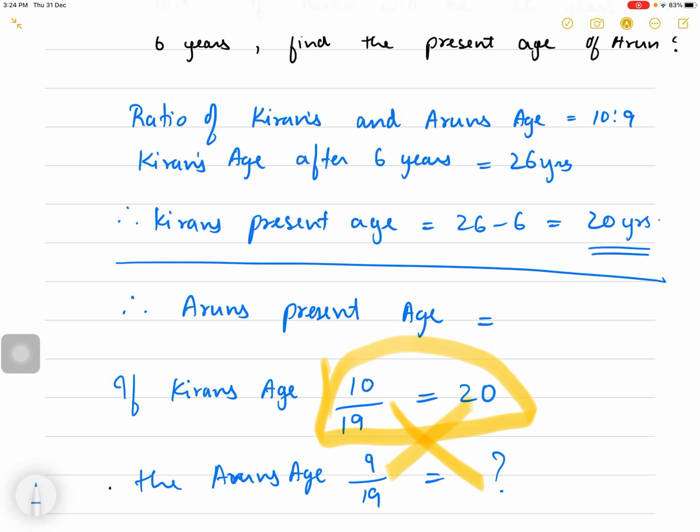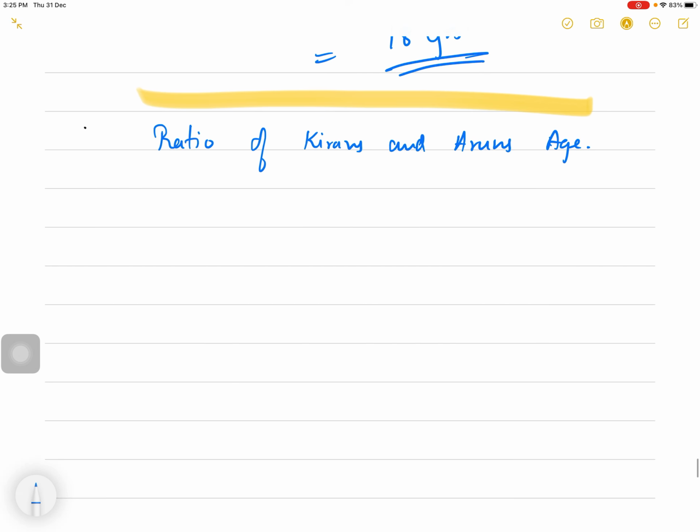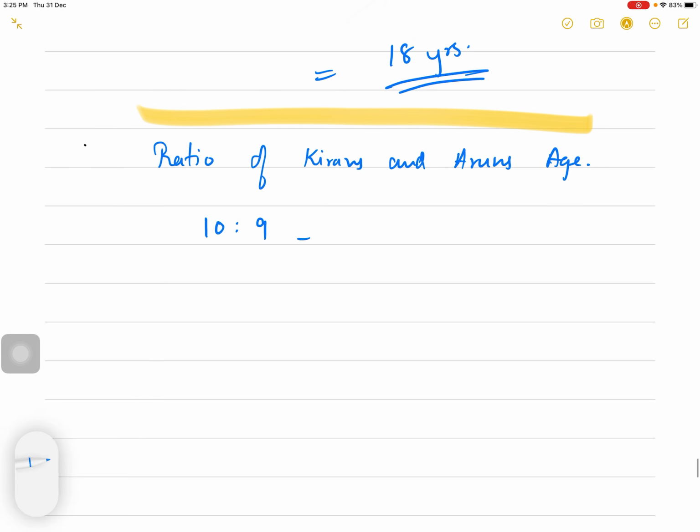The present ratio is 10 is to 9. So current ratio is 10 is to 9 and Kiran's age is 20. So 20 is to x. Let Arun's age be x. So 10 is to 9 is equal to 20 is to x.